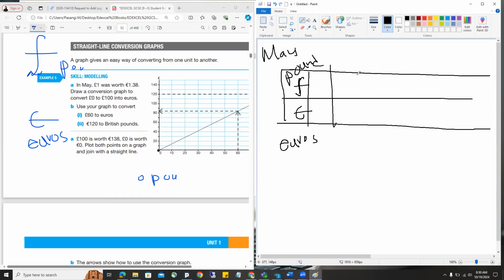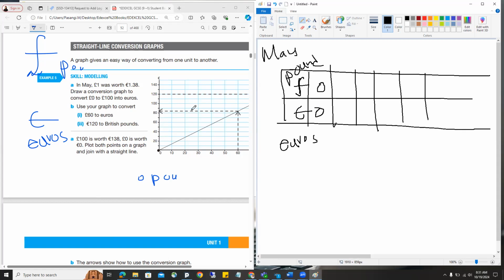Now tell me, if it's 0 pounds, how much is it in euros? The pound is zero, so in euros it is also 0, because there's nothing.